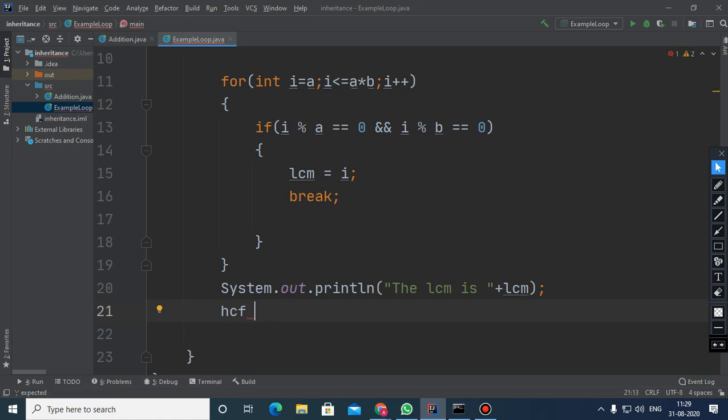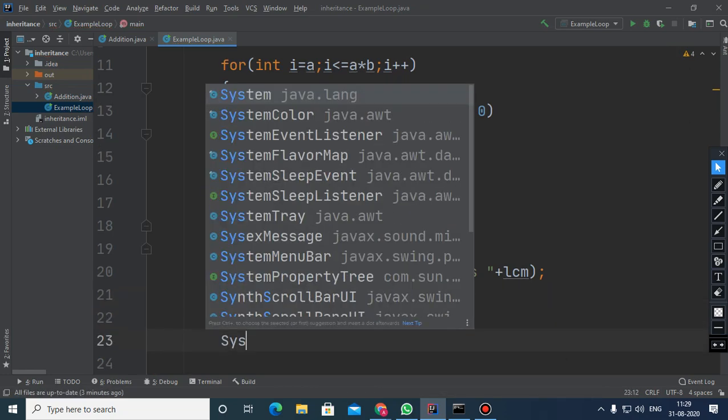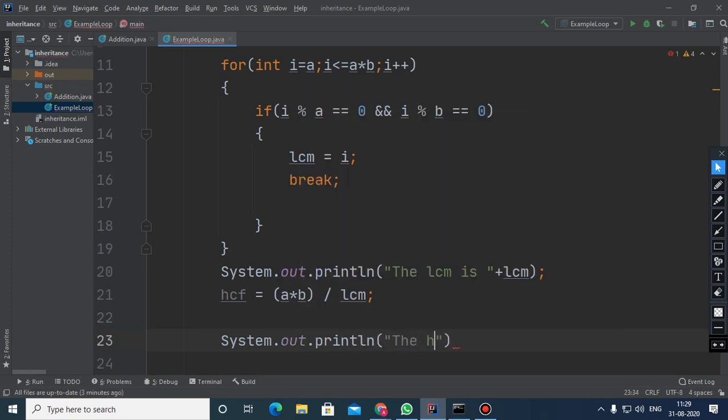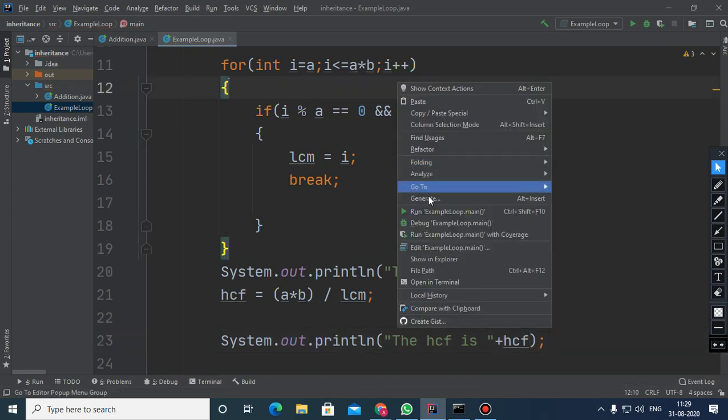Now, if you have got the LCM, you can do the multiplication of both numbers divided by LCM, and you will get the HCF.